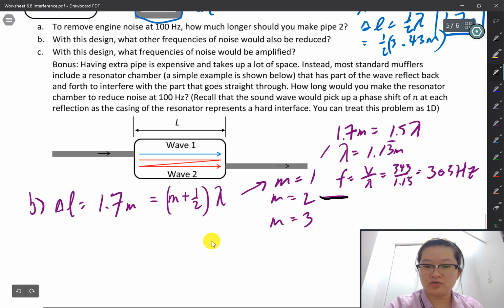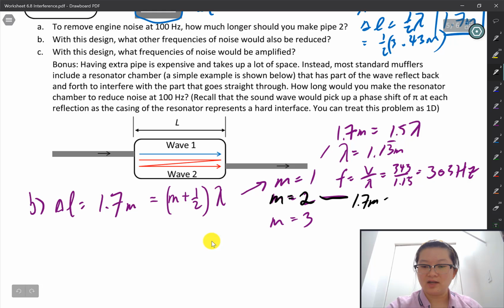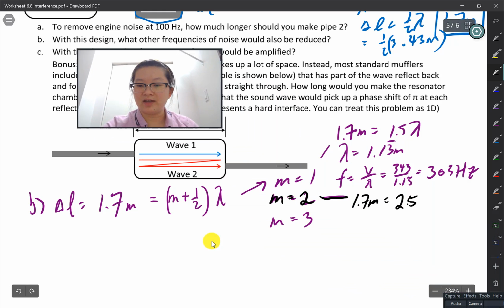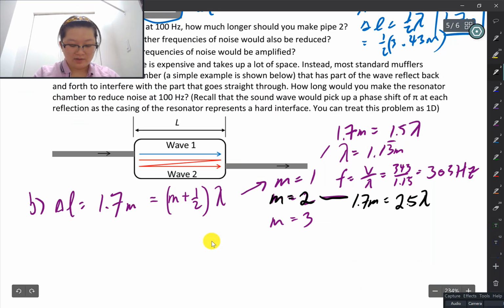So for number 2, let's say m is equal to 2. If I run out of space, I'll just do two examples just to show you what I mean. In this one, we'll have 1.7 meters, which is the extra amount of pipe and the path difference. This is going to be 2.5 wavelengths for m is equal to 2. So to find the wavelength, I take 1.7 and divide it by 2.5.